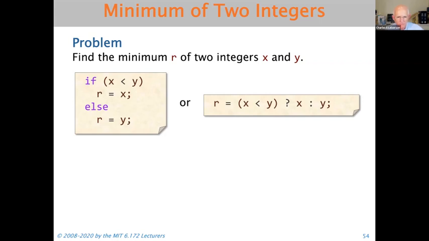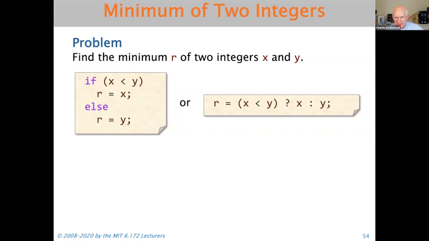What comes before the question mark is what would normally come immediately after the if, and what comes after the question mark, separated by a colon, are the two alternatives, the then clause and the else clause. With either code, you get the same machine code produced by the compiler.